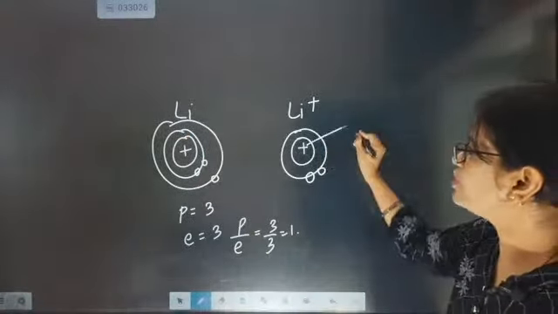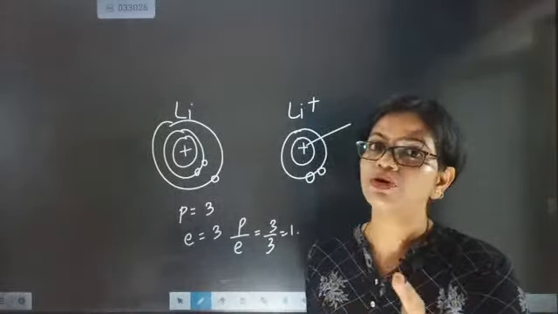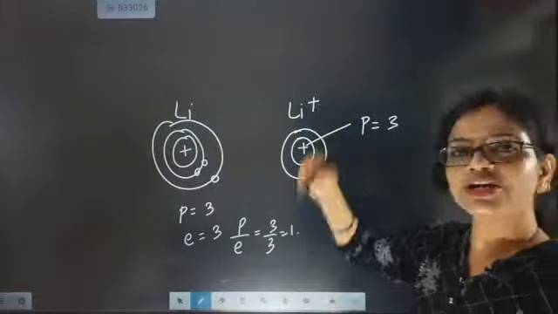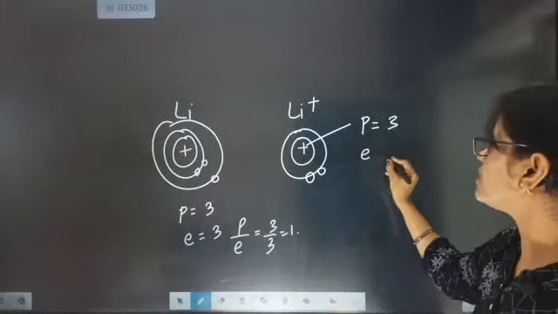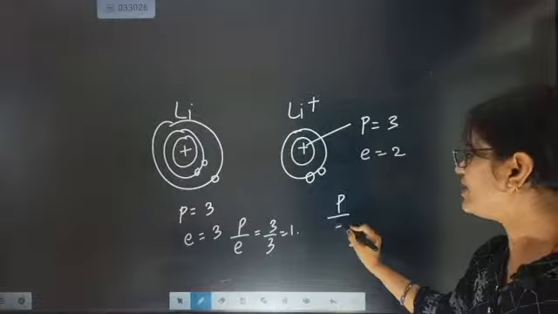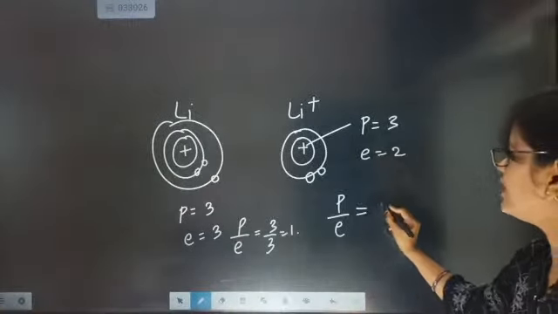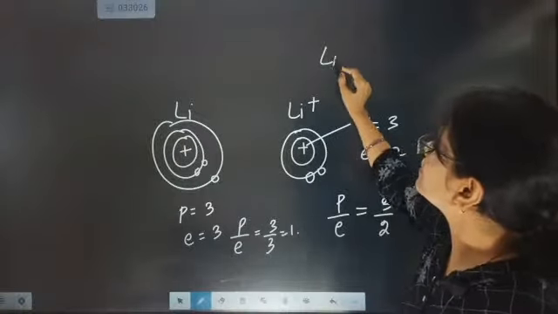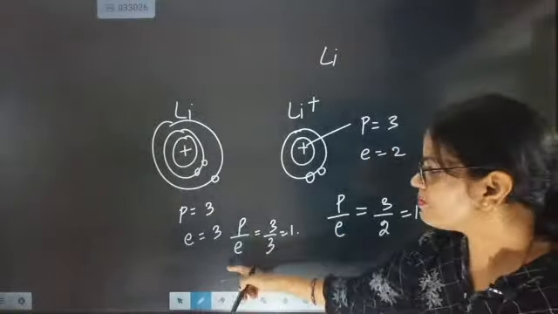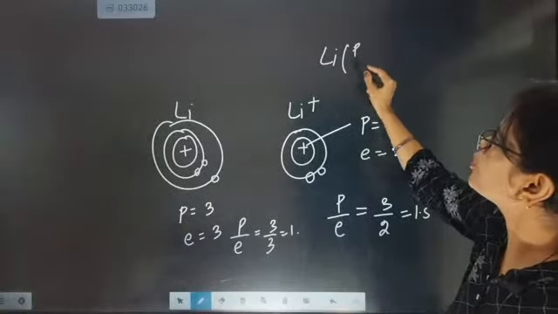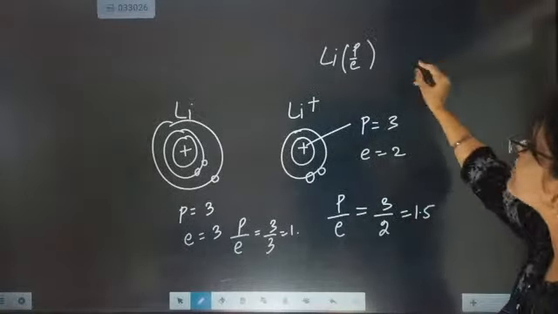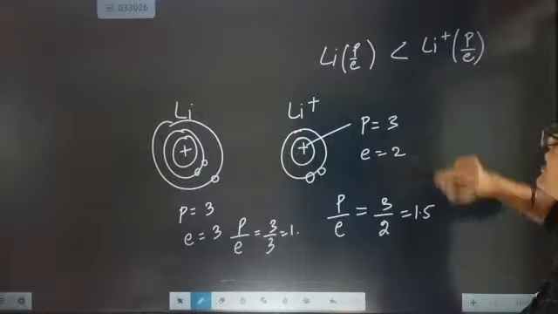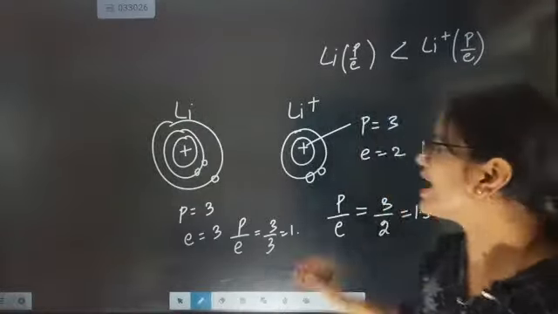Now how many protons are there inside the nucleus? The number of protons doesn't change, so here the proton number is also 3, because only the electron has left. So now the electron number is 2, and the proton by electron ratio is 1.5. So the lithium atom's proton by electron ratio is lesser than the lithium ion's proton by electron ratio.